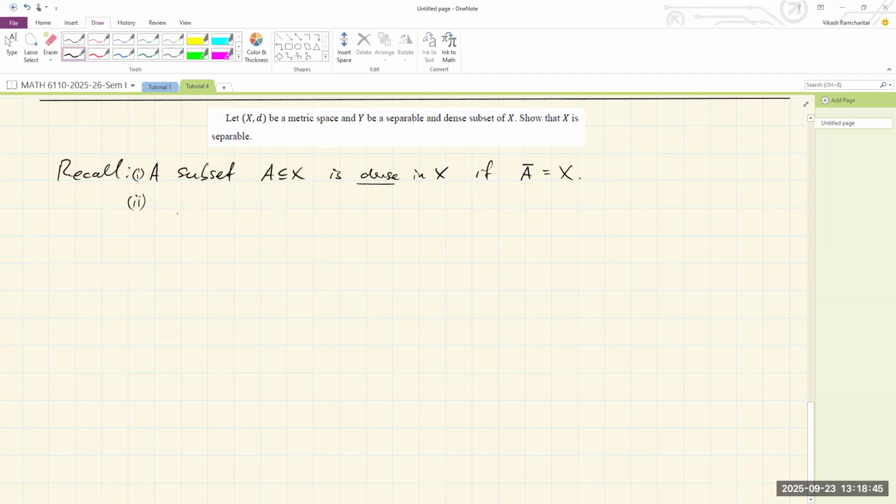And what is separable? So we say that a set Y is separable if it contains a countable dense subset, a subset A of Y. So that's what dense is and separable.